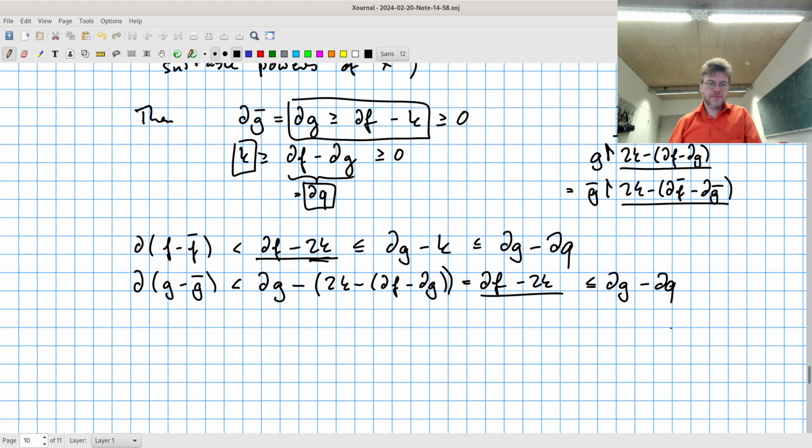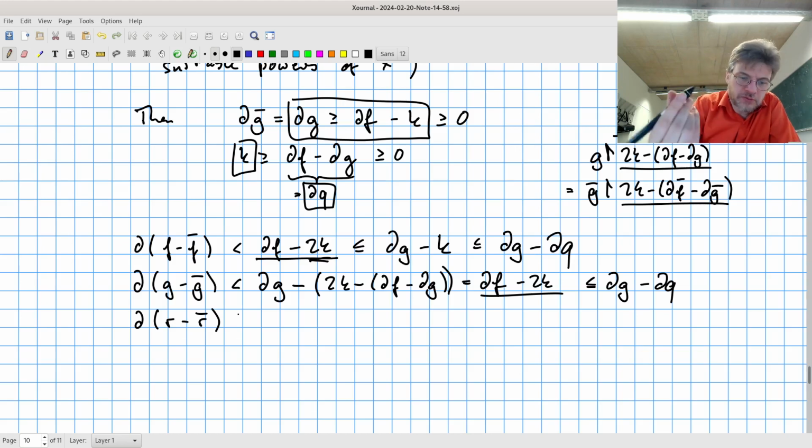Okay. And then we also have to compare the degrees of the remainders. Now we don't know much about the remainders, but fortunately we don't need to know much about the remainders. We can say that their degree is at most the degree of either of them.